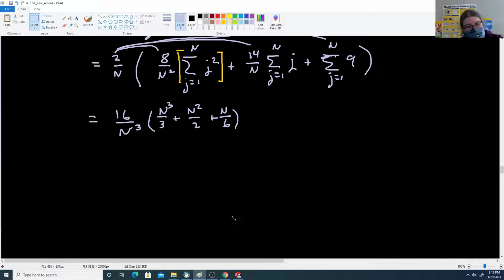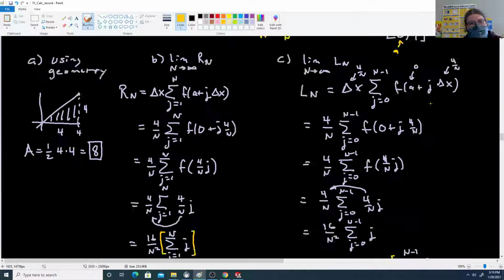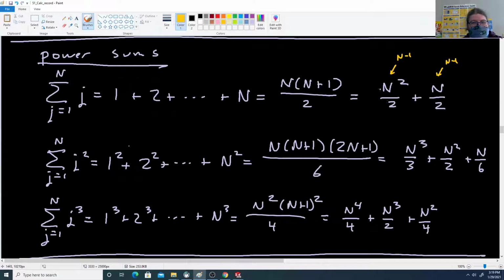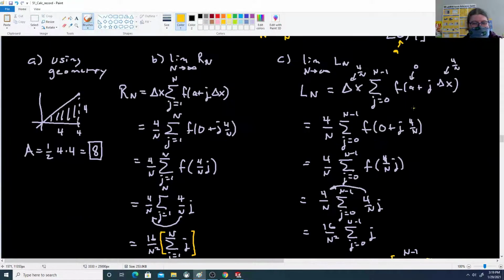Okay, so that is this distributed, and then that written as a power sum, plus the 2 over n is going to hit the 14 over n, which becomes the 28 over n squared. This is the power sum for just j itself. So if we go up and look at that power sum, that was n squared over 2 plus n over 2.